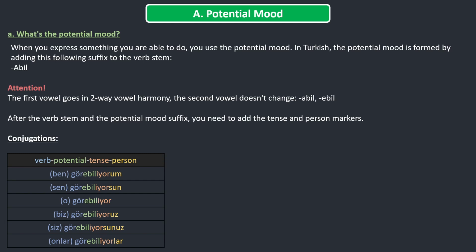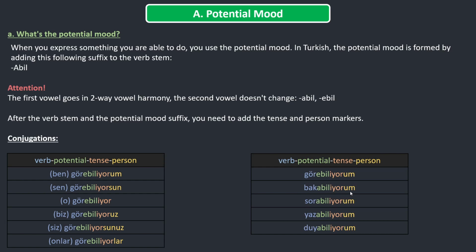And let me show you a different table with different verbs, but the same pronoun this time, just I am or I can. So görebiliyorum, I can see it. Bakabiliyorum, I can look. Sorabiliyorum, I can ask. Yazabiliyorum, I can write.